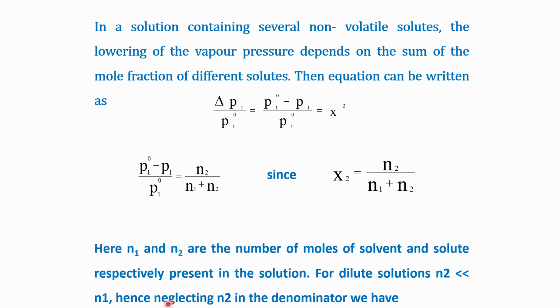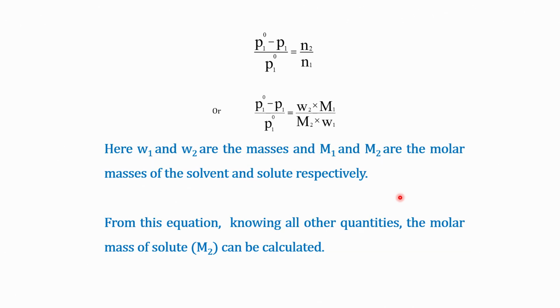N1 and N2 are the number of moles of the solvent and solute respectively present in the solution. For dilute solutions, N2 should be much lower than N1. Hence, neglecting N2 in the denominator, we can write P1 naught minus P1 divided by P1 naught equal to N2 by N1. This is because we are neglecting N2 in the denominator, as it is much lesser than N1.